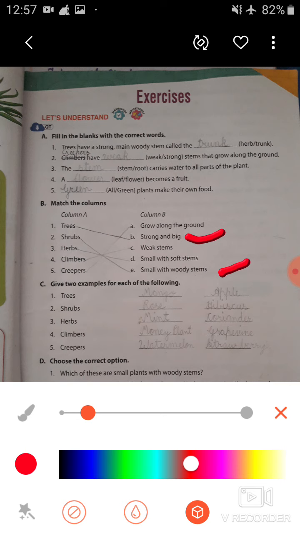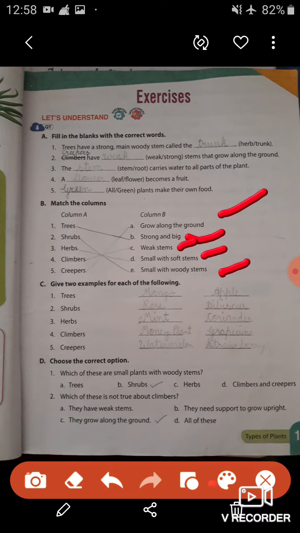You have to match herbs with small with soft stem. Now next, climbers. You have to match climbers with weak stem. The last one, creepers. As you know creepers grow along the ground, so you have to match creepers with grow along the ground. So this was the match the column.